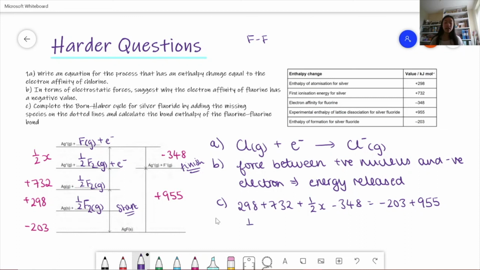And rearranging that gives us that half x equals 79. And so this gives us that x is equal to plus 158 kilojoules per mole. And it should be a positive number because we're breaking covalent bonds, so energy is needed for that. So it's endothermic reaction.